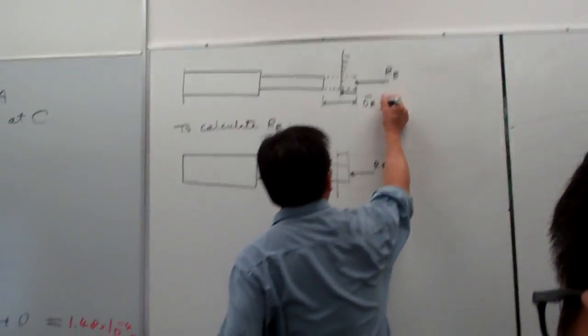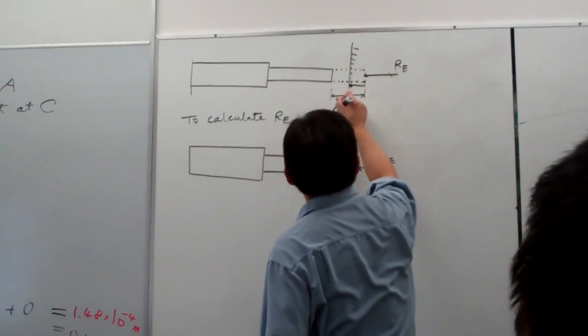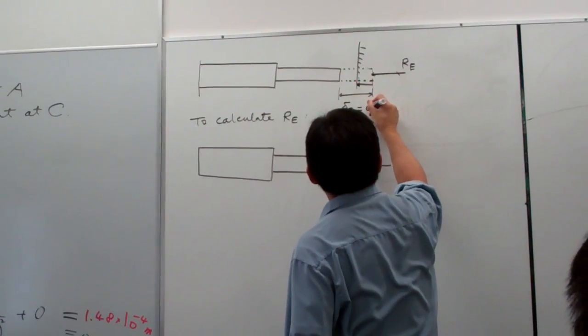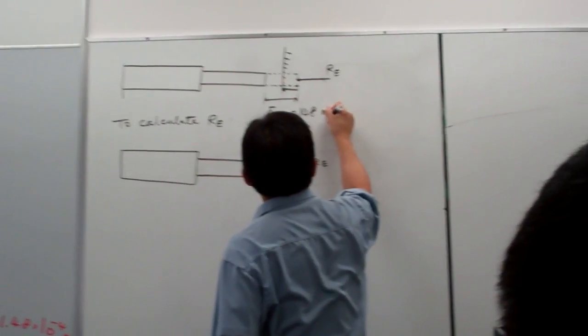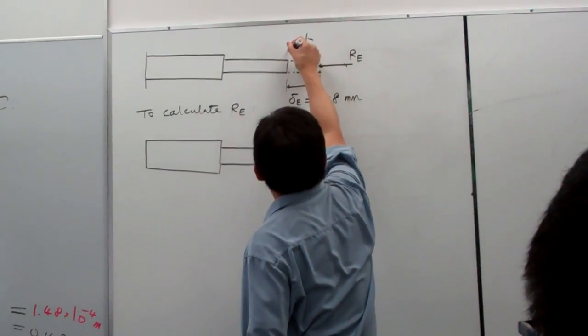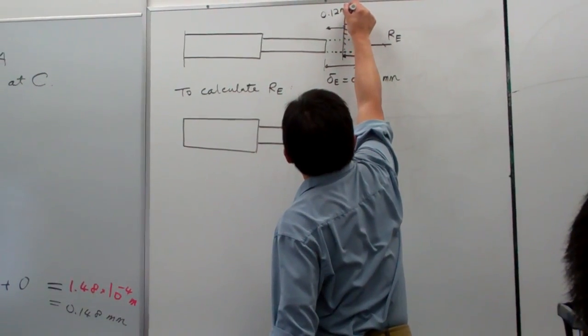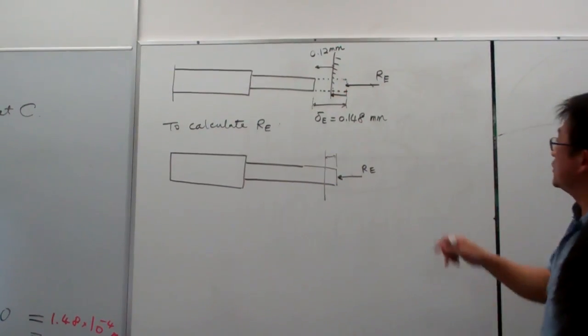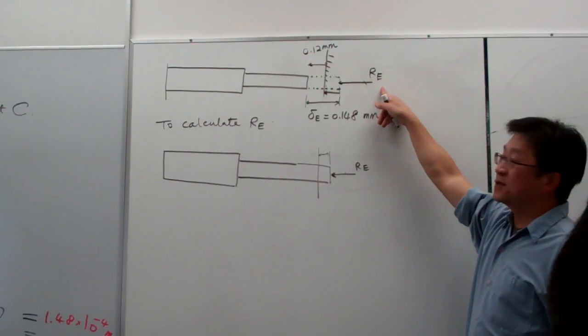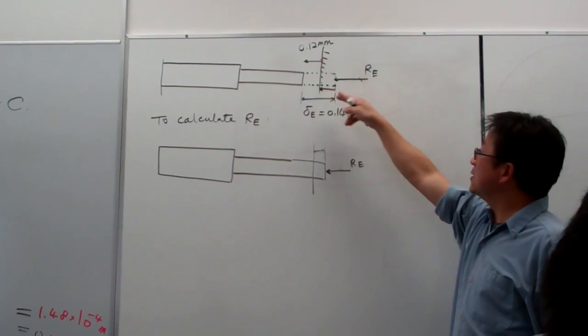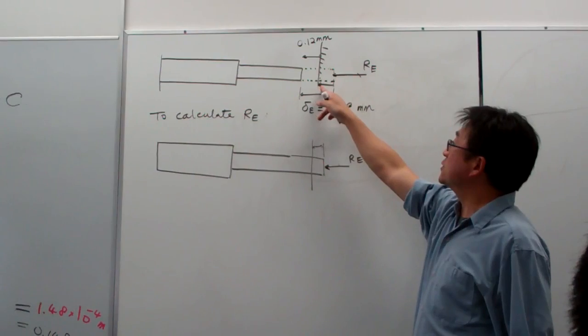So you can see our calculated value is 0.148 millimeter, and the gap is only 0.12 millimeter. So RE is the reaction that prevents the material at E from stretching that much.